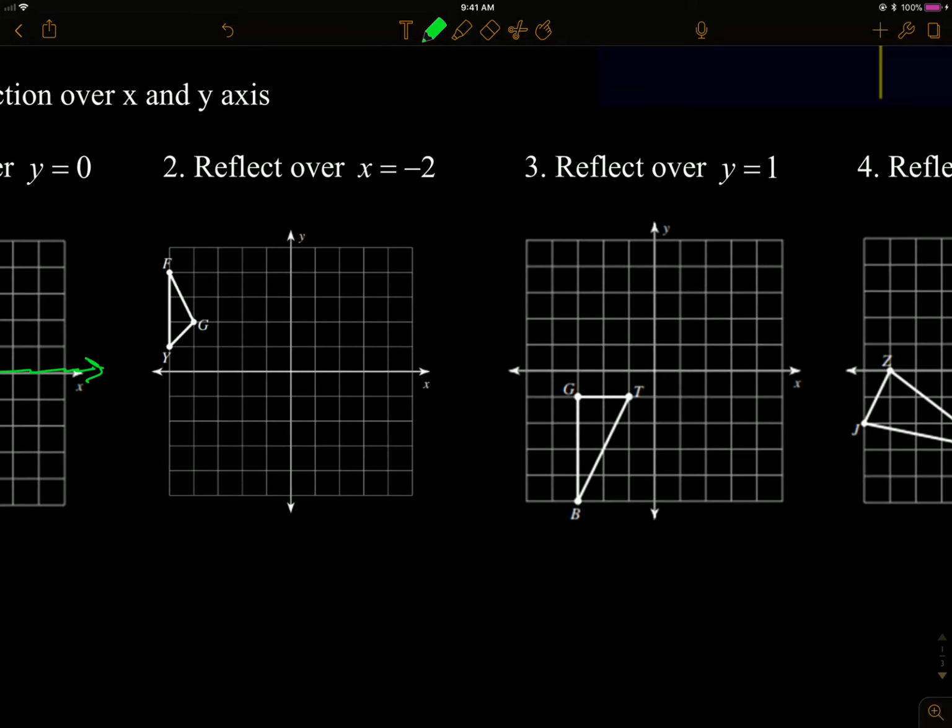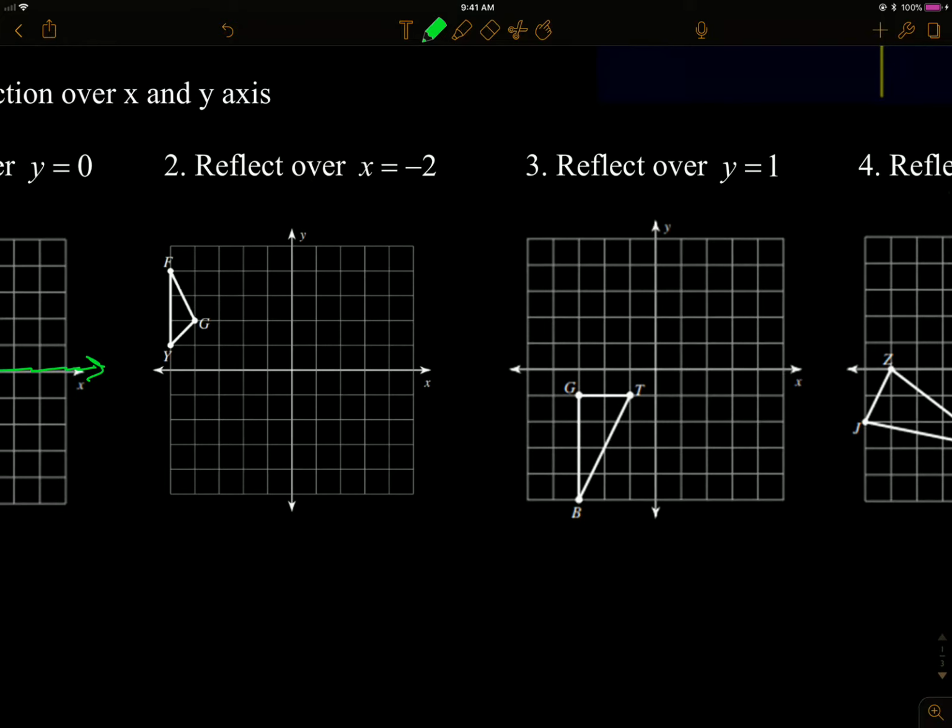Let's reflect this shape over the line x equals -2. This is the line x equals -2. And so G is 2 units away, so G prime will be 2 units away on the other side.